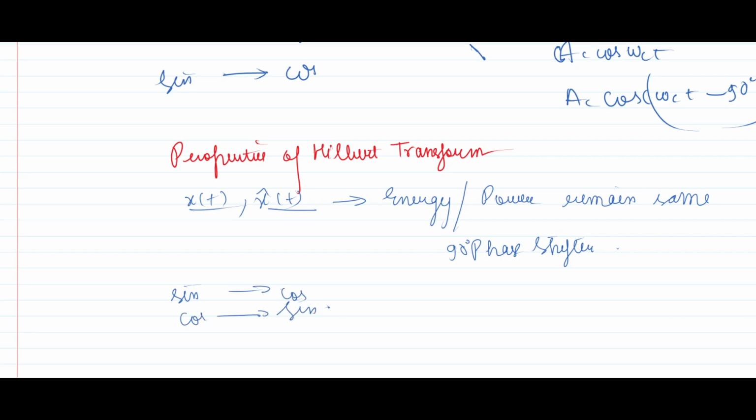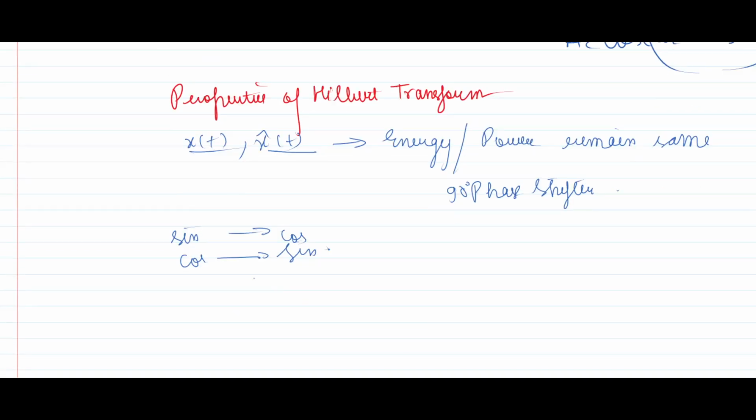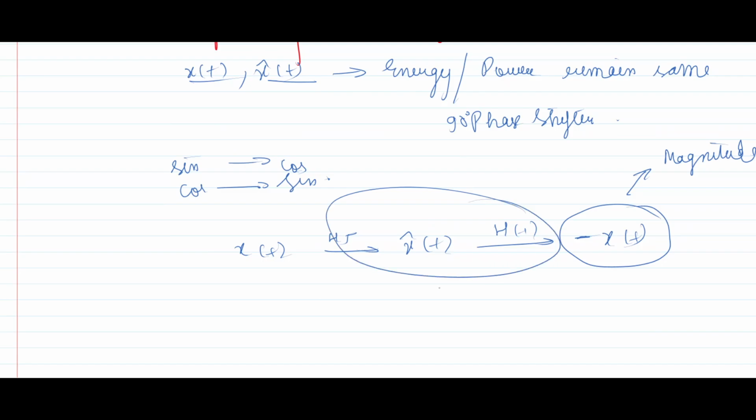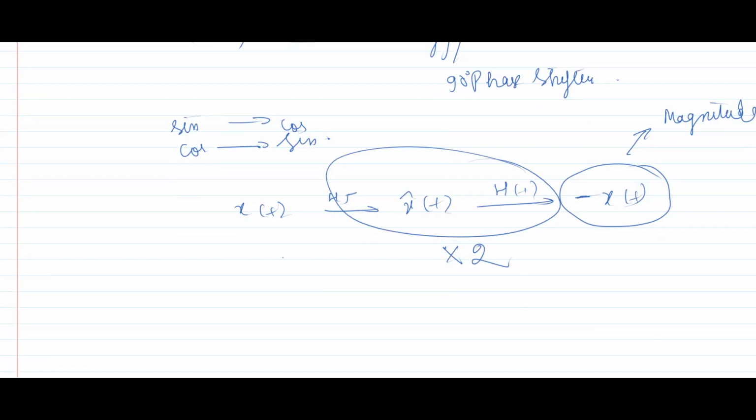And the other important thing that is used a lot is that if you take Hilbert transform of x(t), you get x cap t. If you again take its Hilbert transform, you get x(t) but with a negative sign. So if you need to reverse the amplitude, you need to take its Hilbert transform twice, and you'll get negative x(t).